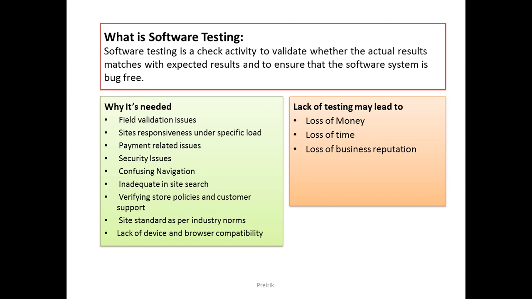Site responsiveness under specific load: how does your site behave when huge traffic comes to a website? Payment related issues, security issues, confusing navigation, and inadequate in-site search. That is the function of searching for a product on a website, and maybe the search function is not working as expected.